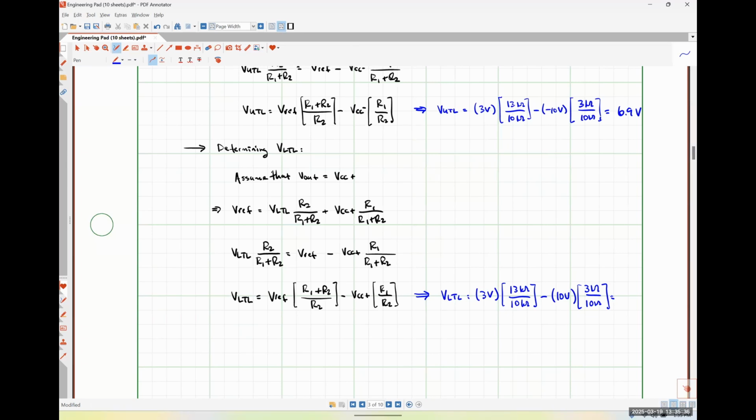So that's 3 times 13 over 10 minus 10 times 3 over 10. And I get 9/10 of a volt, or 0.9 volts. Okay.